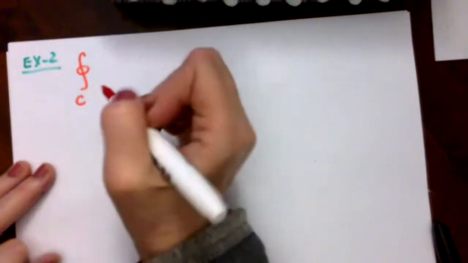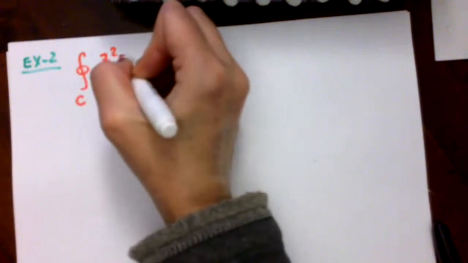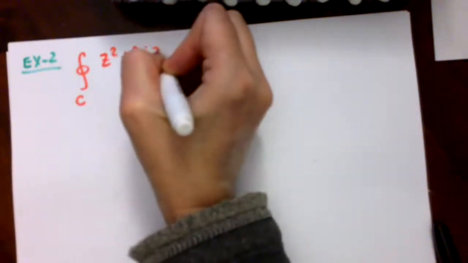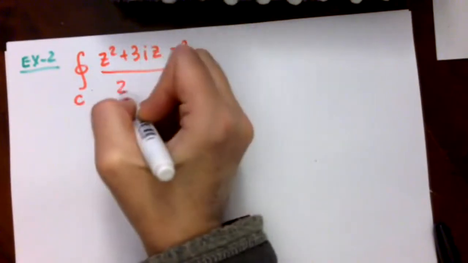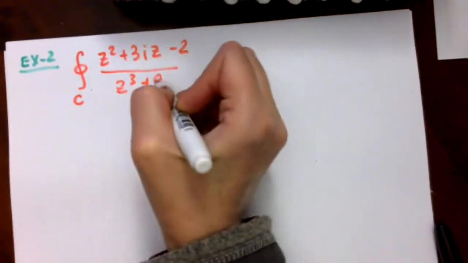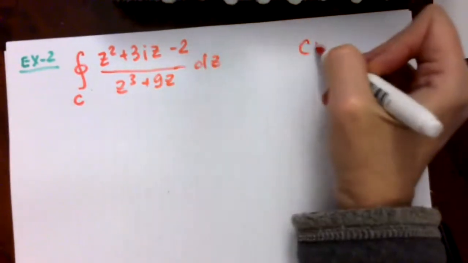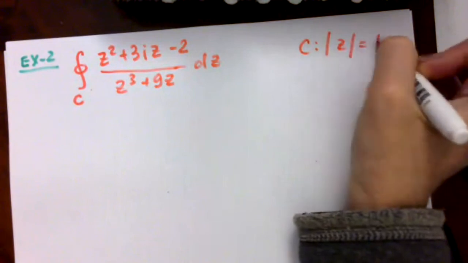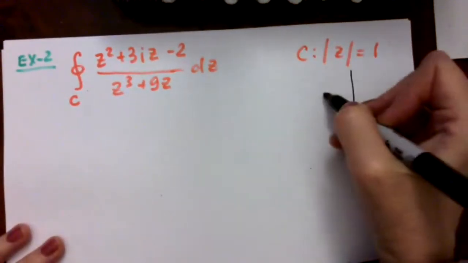Okay, so again, integral along the closed contour C, and here we have quite a fancy expression: (z squared plus 3iz minus 2) divided by (z cubed plus 9z) dz, and the contour is the circle with radius 1.